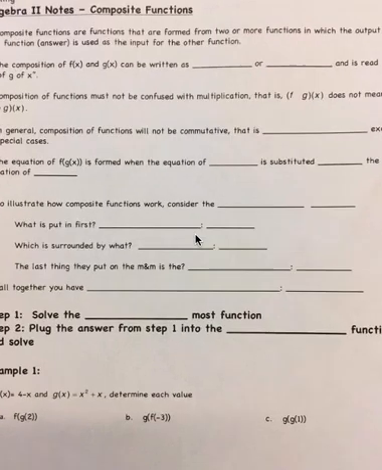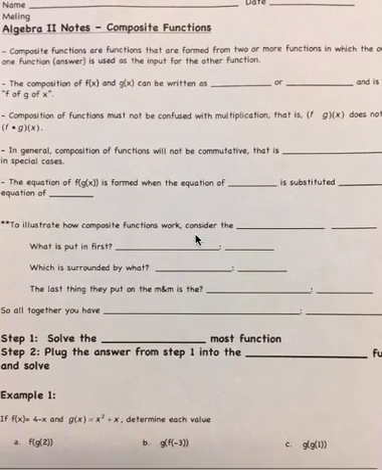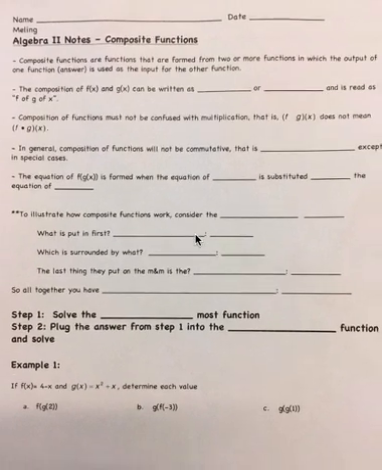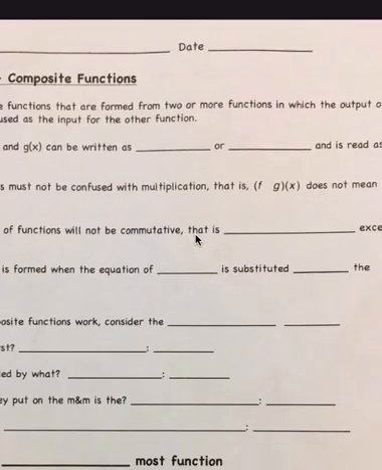The composition of f of x and g of x can be written as f, little o, g of x.